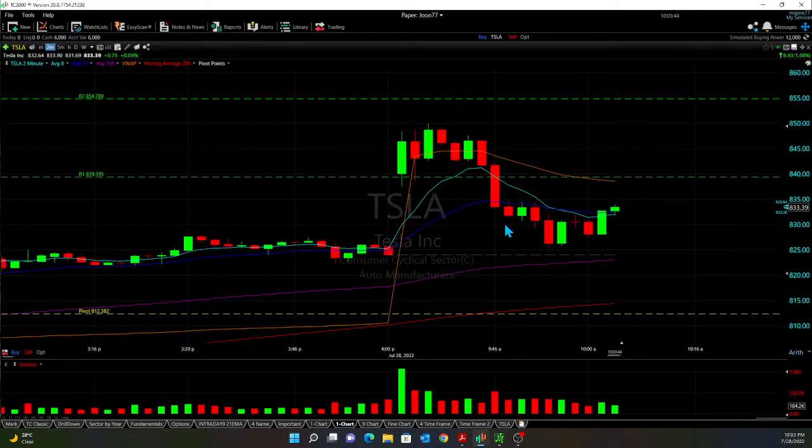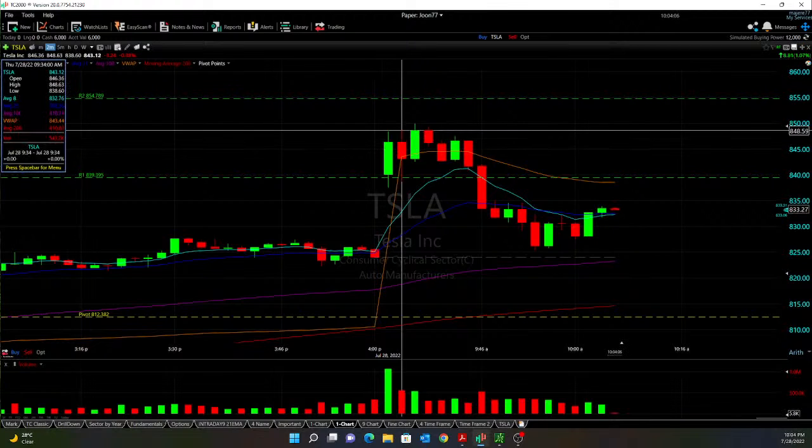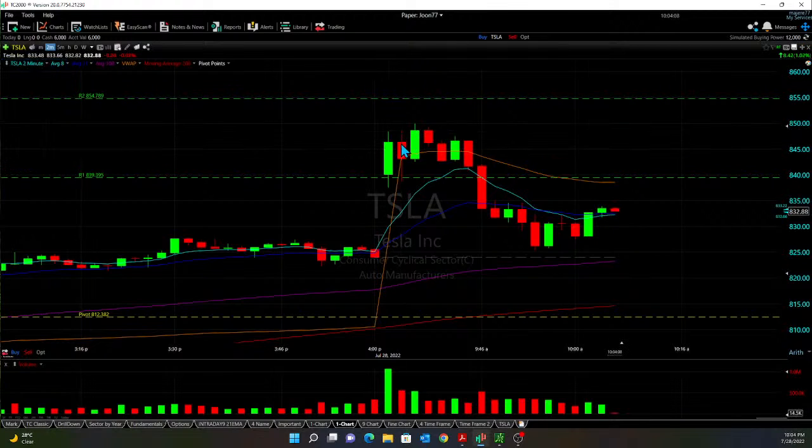As we can see, the red takes green strategy or the green takes red strategy, which is our second educational lesson on YouTube, requires you to have a red bar or a green bar. If you are going for a call, you're looking for a red bar first. So when the price overtakes the high point of the red bar, you buy the call.